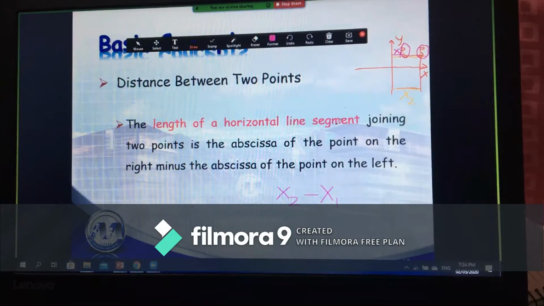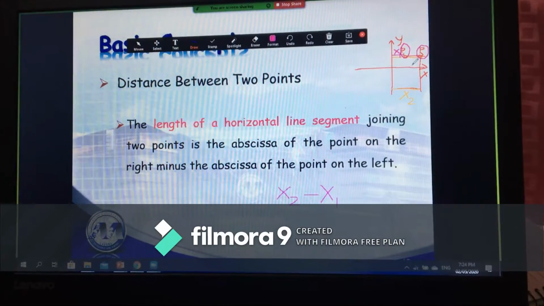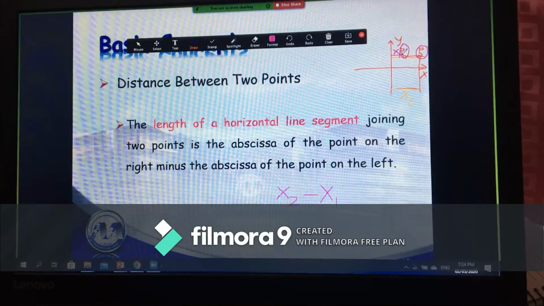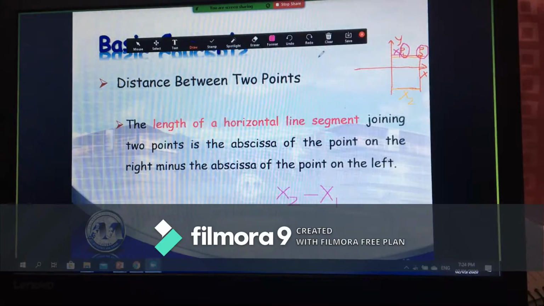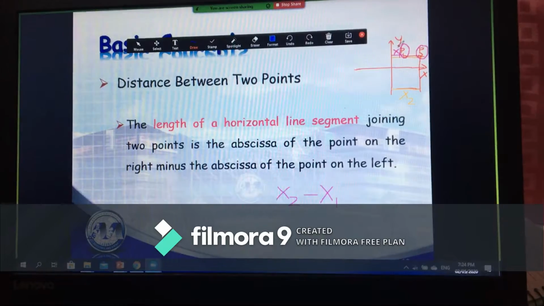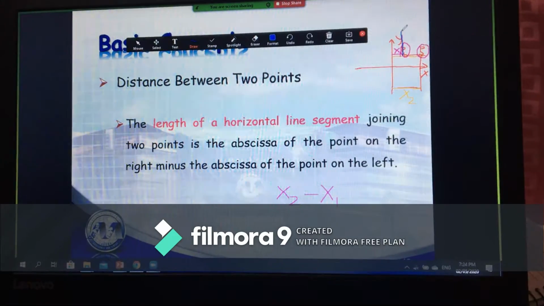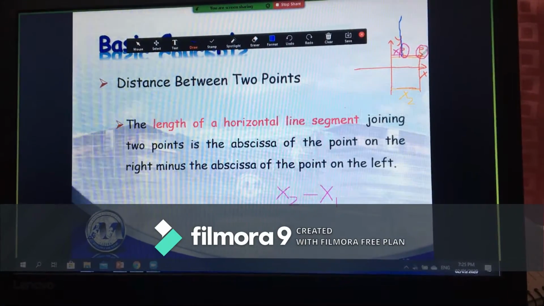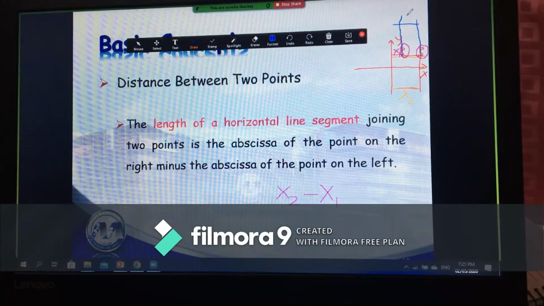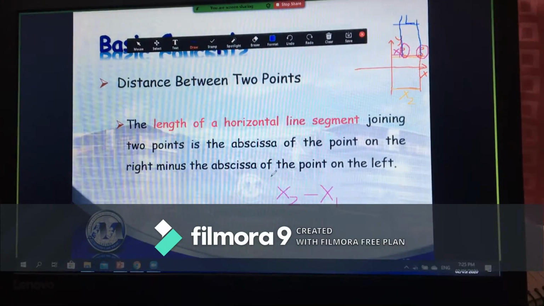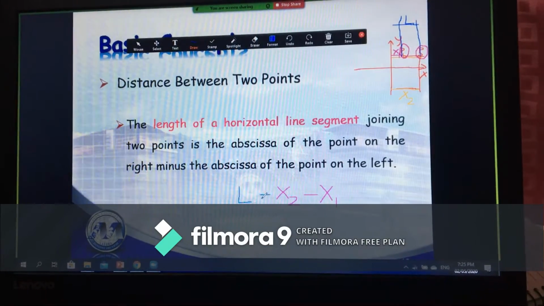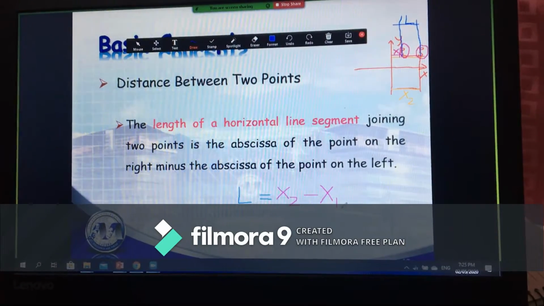So this is the distance, the length of the horizontal line. The length of the horizontal line joining 2 points, meaning the length between P1 and P2, we call it L. So L is just the difference: L is equal to x2 minus x1.